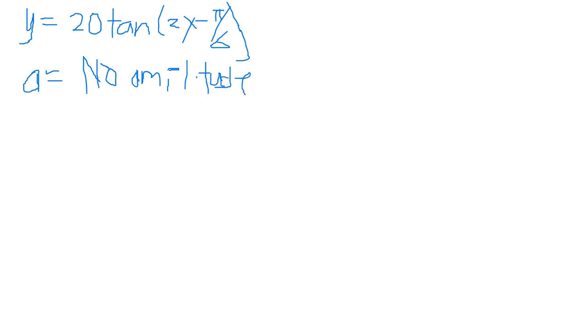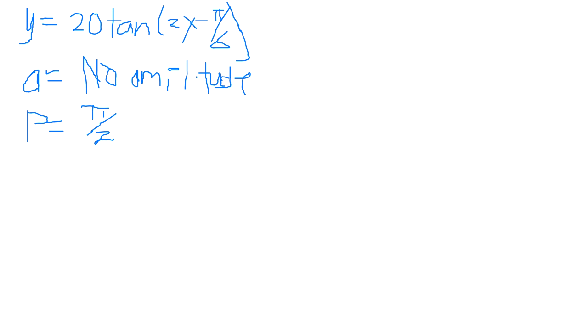Then the period. Once it's a tan, it will be 180 over the coefficient of x. So it will be pi, since pi is 180, over 2. So it will be pi divided by 2. When it is tan, the period is 180, not 360 or 2 pi.